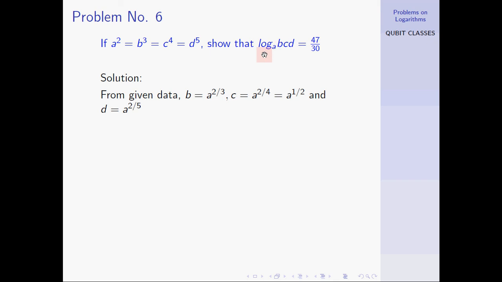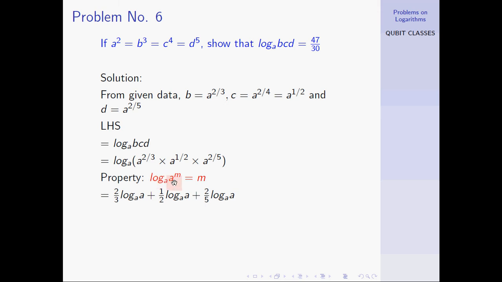Now let us put these values in terms of a in the LHS, which gives us log of a raised to 2 by 3 into a raised to 1 upon 2 into a raised to 2 upon 5 to the base a. Now we'll use this property. We have previously used this: log of a raised to m to the base a is equal to m.